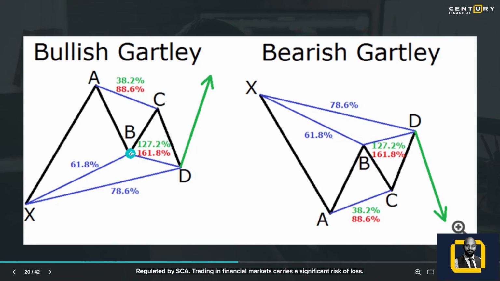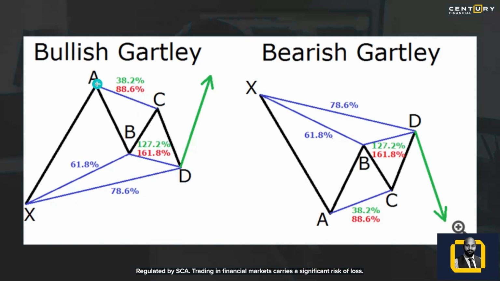Now, if at B, 61.8, the market starts to bounce back up, now you have identified X, you have identified A, and you have identified B because it has taken support at 61.8. Now, vice versa, when the market went back up, it has to go back either between 38.2 to 88.6, which again could be 61.8 here.